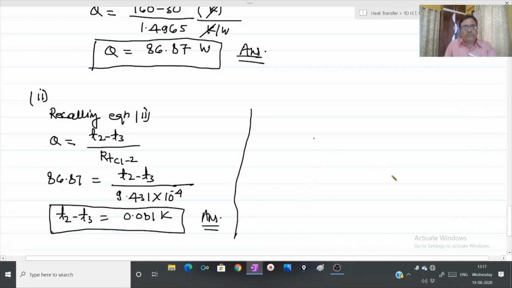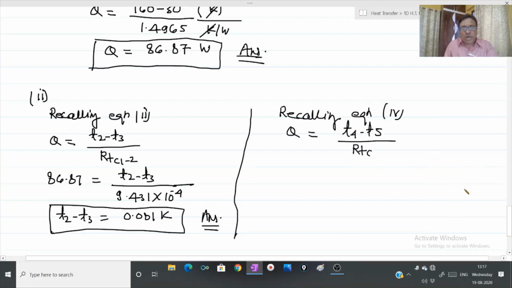Similarly, recall equation 4. Q is equal to T4 minus T5 over RTC23. So 86.87 is equal to T4 minus T5 over 6.31 into 10 to power minus 4.